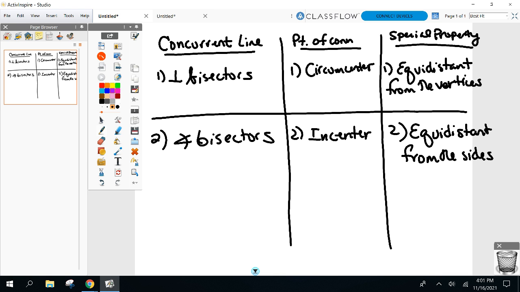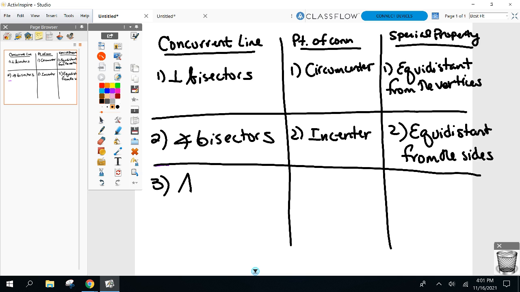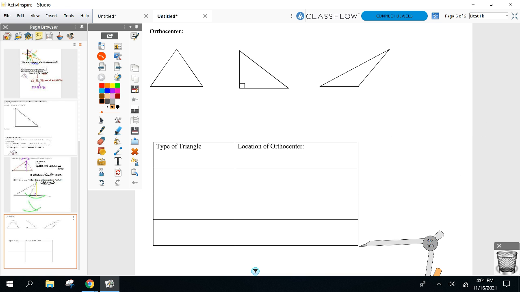So if I go back to my chart, I'm throwing 2 at you today for 3 total. Another pair of lines that are concurrent: altitudes. Altitudes are concurrent in a triangle. What's their special name where they all intersect? Their point of concurrency, if we go to the next page, is called the orthocenter.